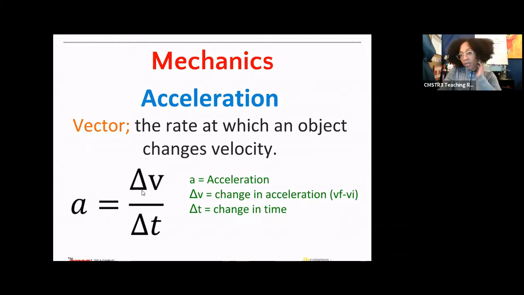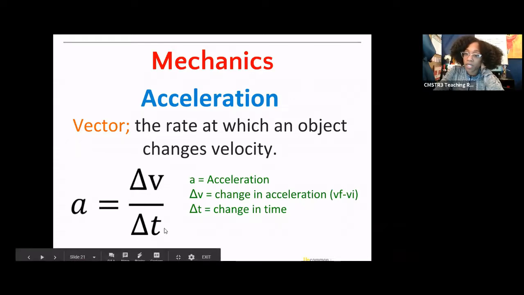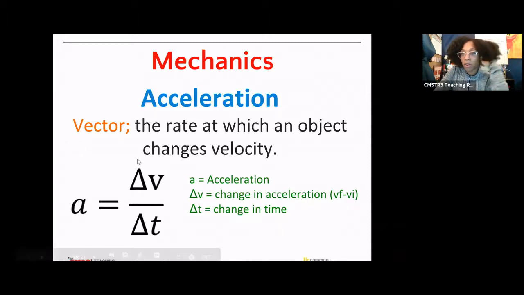In physics and chemistry, the triangle means delta, and delta means change. So if you see delta V over delta T, that means your change in velocity over your change in time. When you calculate the change in something, it's always the final minus the initial. So your final velocity minus your initial velocity. Sorry, I said acceleration there by mistake. But delta, the triangle, is change.